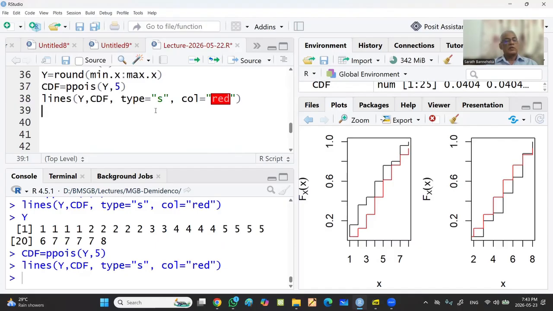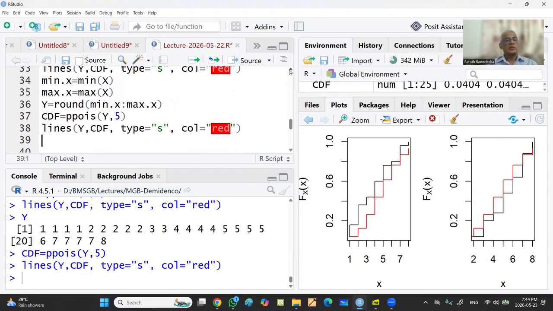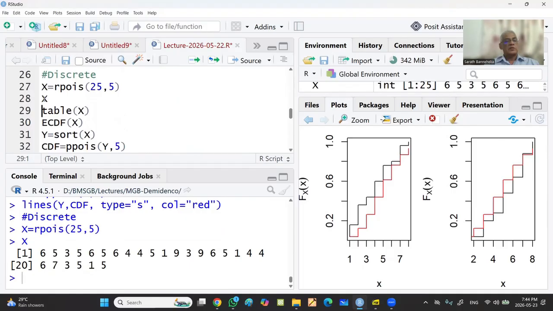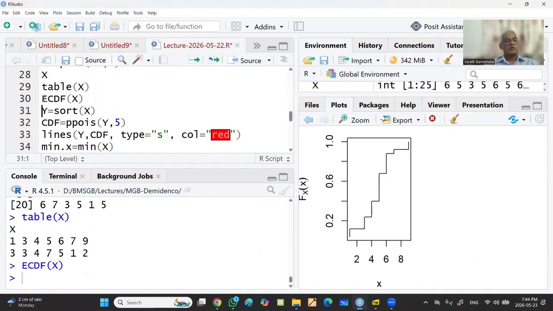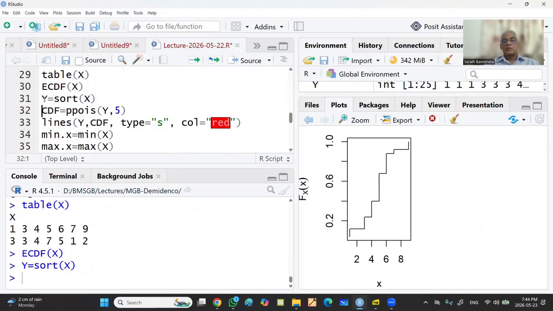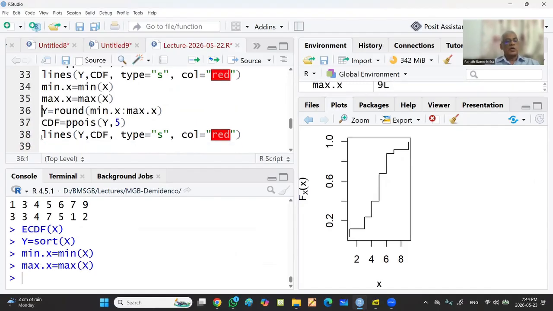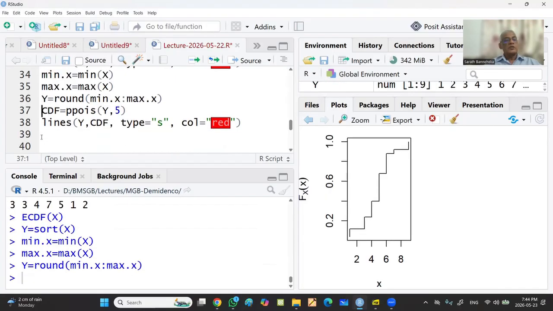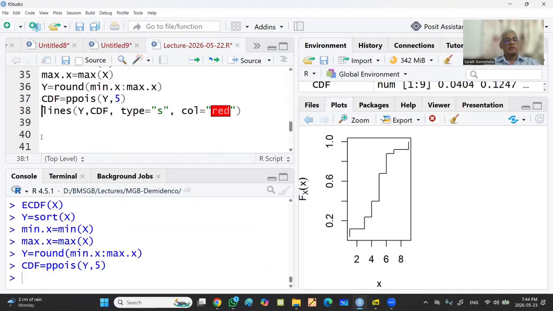Let me go through this again just to see. I have a data set x, and y is the sorted data set. I'll skip this one and come to min.x and max.x. y is the rounded values from min.x to max.x. The CDF is going to be the cumulative probabilities, the theoretical values.